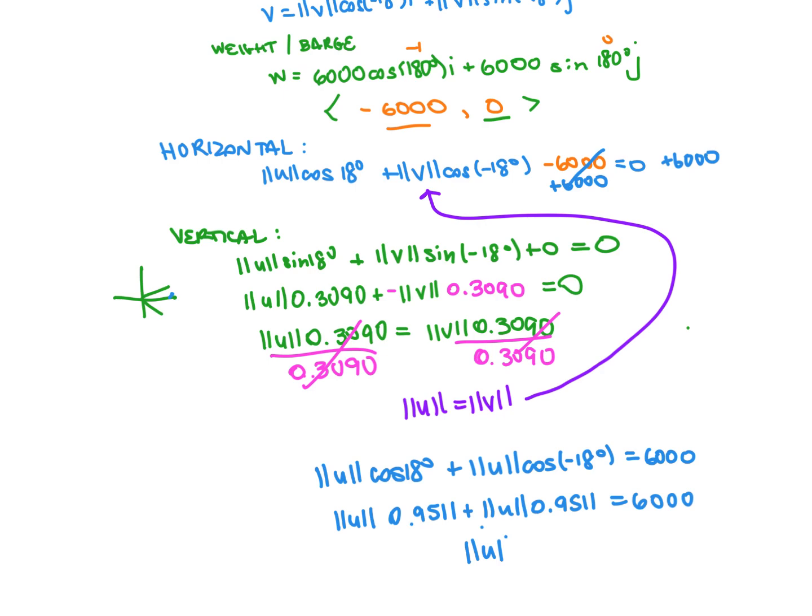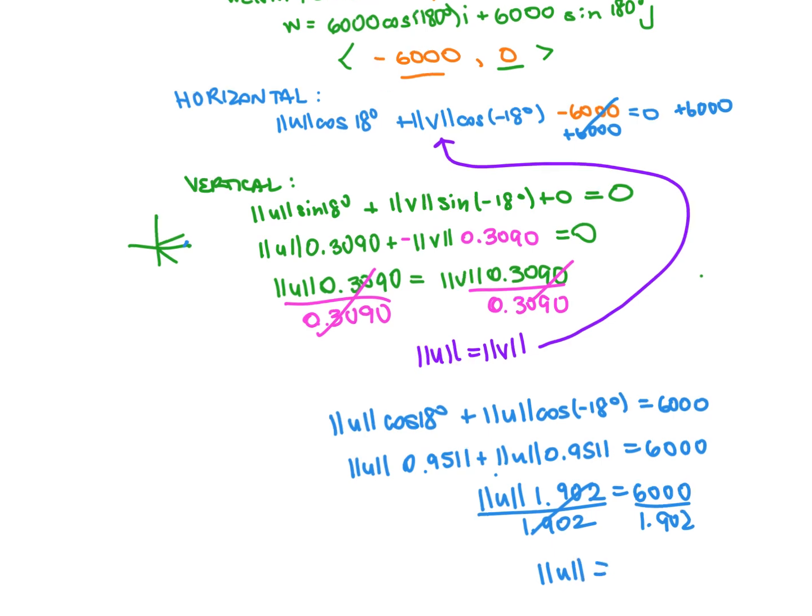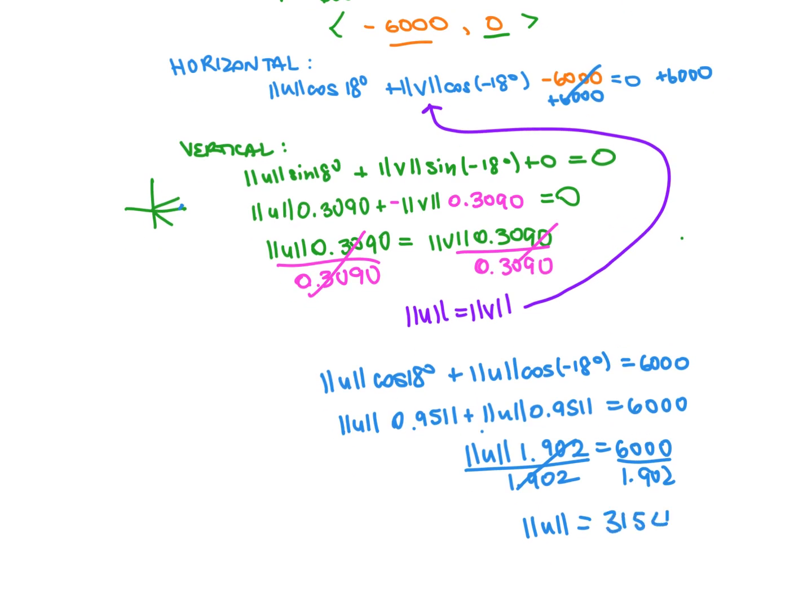So let's combine those like terms. Then magnitude of u times 1.902 equals 6,000. Isolate the magnitude of u, and the magnitude of u would be 3,154.39 pounds for each tow line. I hope this helps, and thanks for watching.